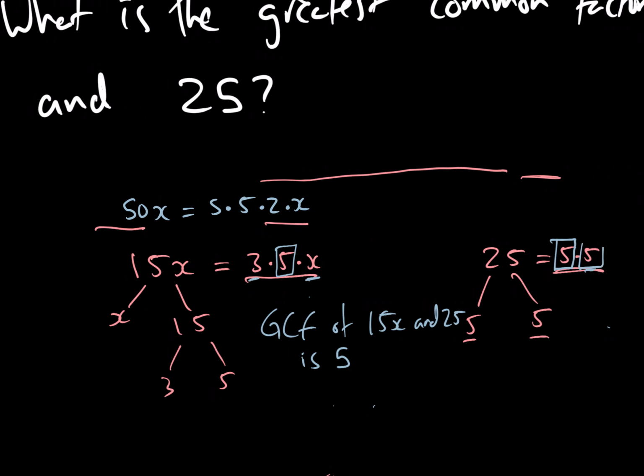Now we would have 2 5s over here and 2 5s over here. So of this pair, the greatest common factor would be 5 times 5 equals 25.